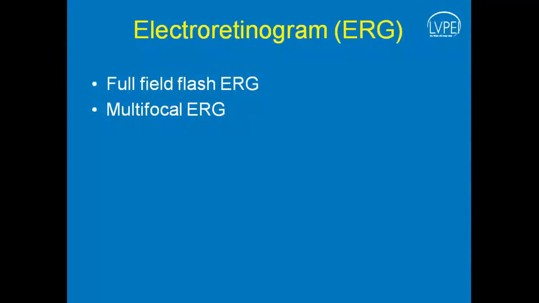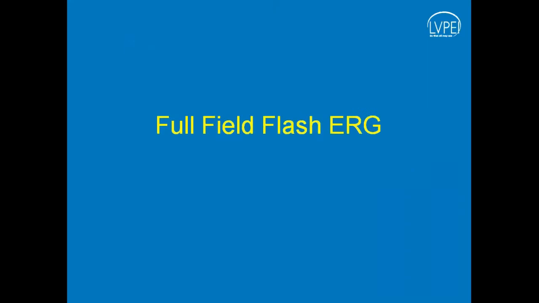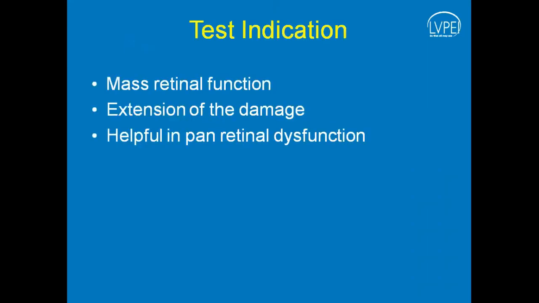Now, the most commonly done electroretinograms are full-field flash ERG and multifocal ERG. So let's go to the ICEP protocol. Full-field flash ERG gives the overall gross response or the overall average response. So it is pretty important if we are looking for something having a dysfunction throughout the retinal surface.